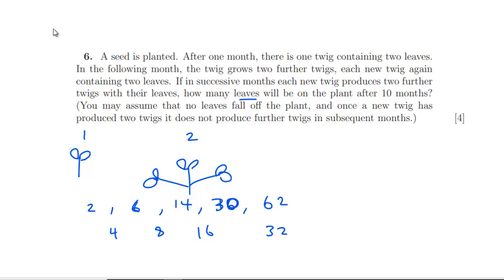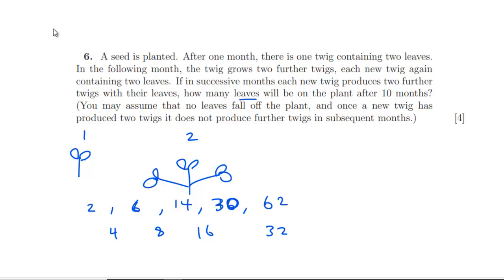So that's leaves. We are working out leaves, aren't we? So after 10 months on all of this, what are we getting? I'm just struggling to see exactly what the sequence is. 2, then 6, then adding on... We're getting powers of 2.